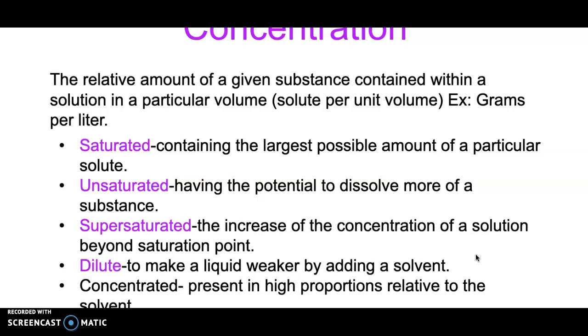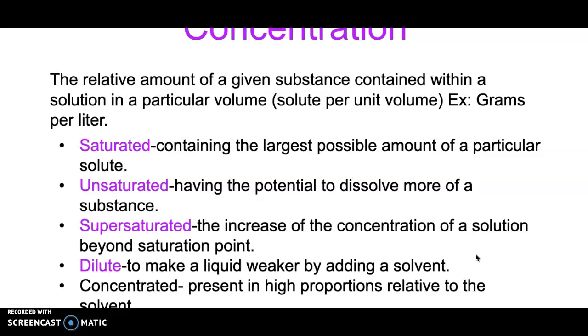Unsaturated would mean you could dissolve more in that substance. Supersaturated is you're using some sort of diffusion assistance like heat to increase the concentration beyond the normal saturation point.